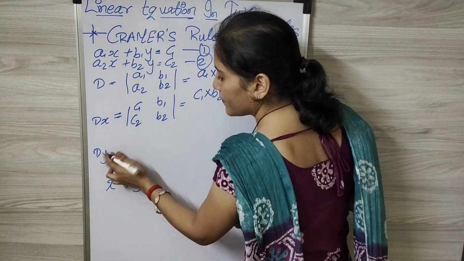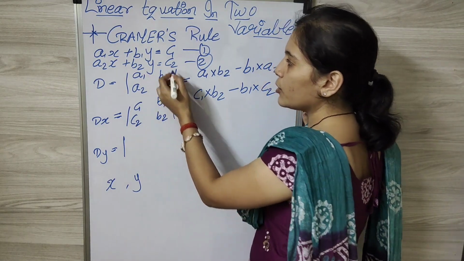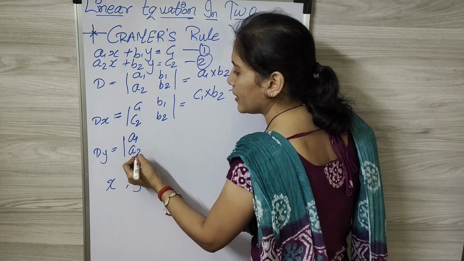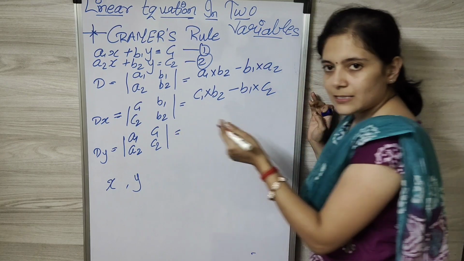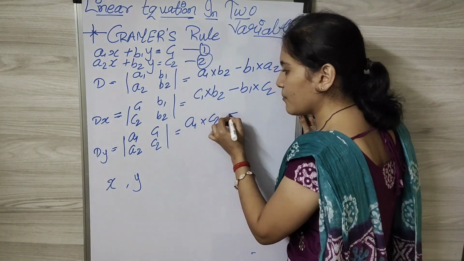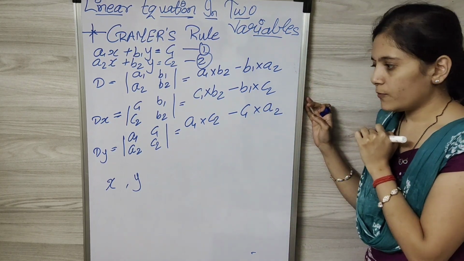Now Dy. In the place of the first column we take C1 C2 with A1 A2, that is A1 A2 and C1 C2. Again the same cross multiplication: A1 into C2 minus C1 into A2, right?